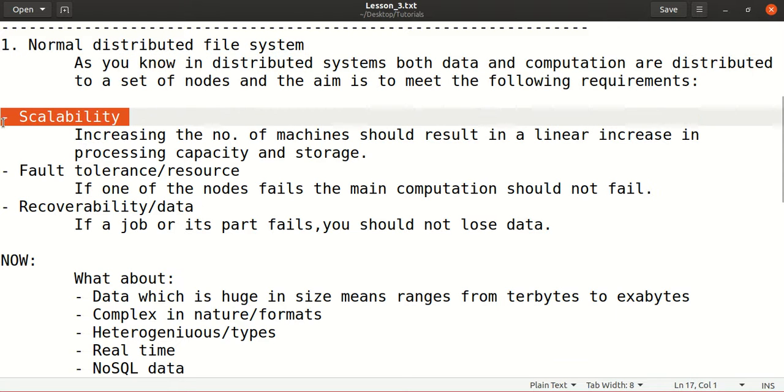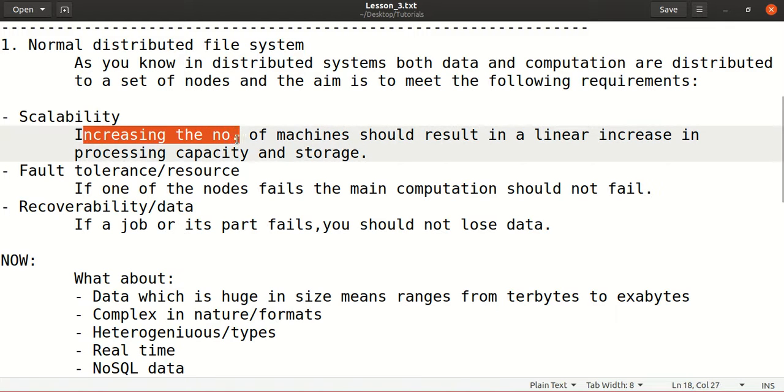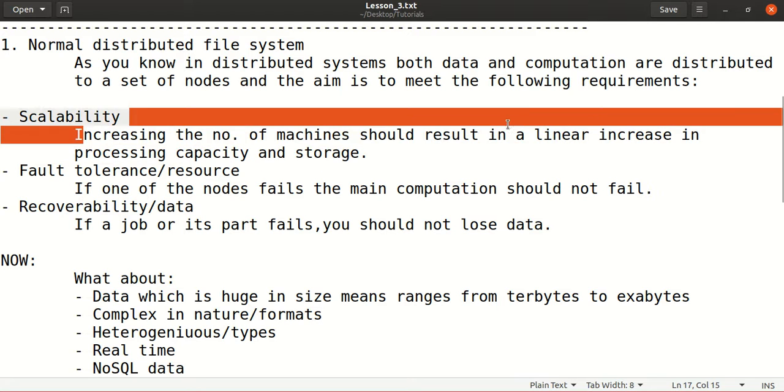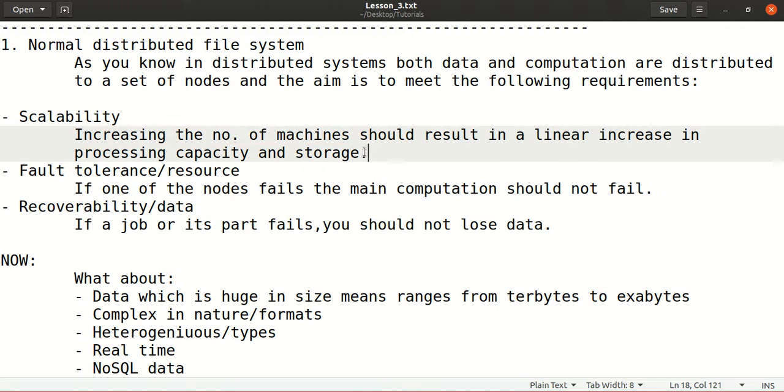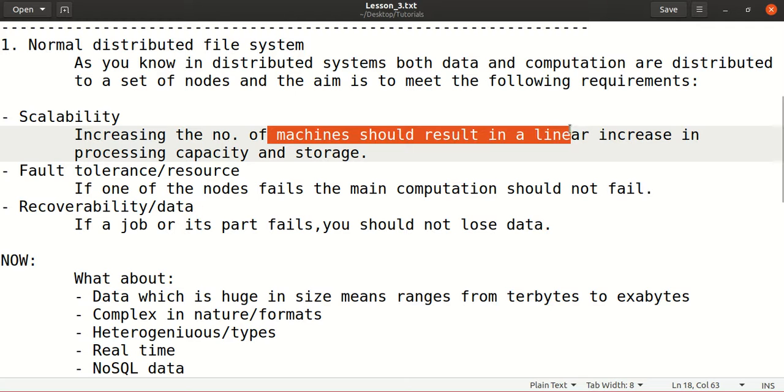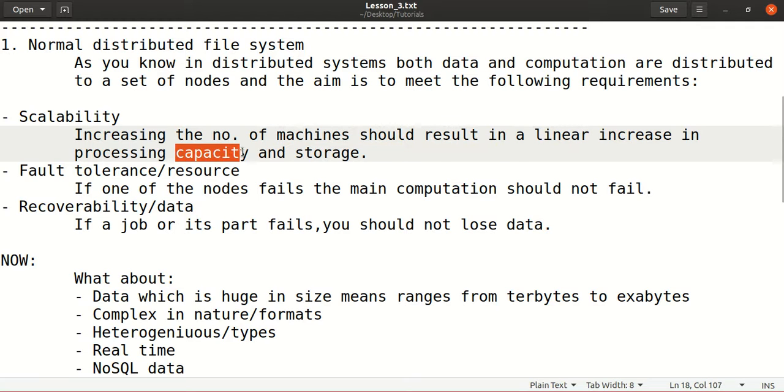These are the requirements: scalability, fault tolerance, and recoverability. Scalability: increasing the number of machines should result in a linear increase in processing capacity and storage. In normal distributed file system, whenever we increase the number of machines, meaning the number of servers, there is a linear increase in processing capacity and also size of storage.